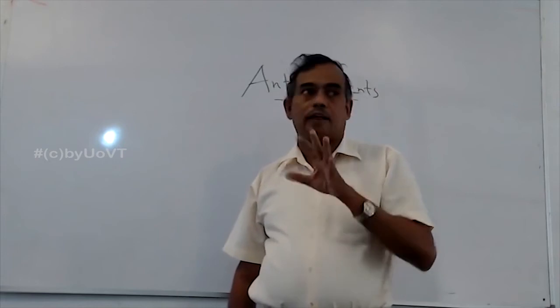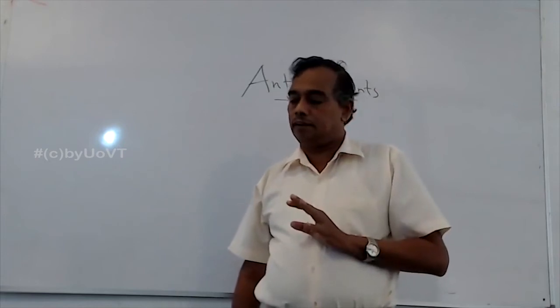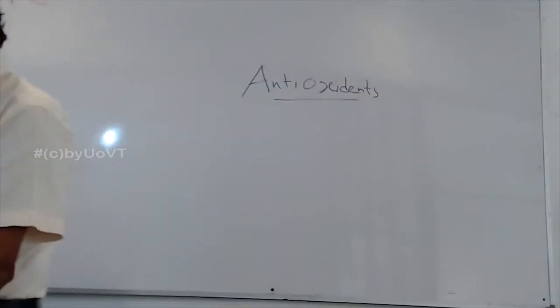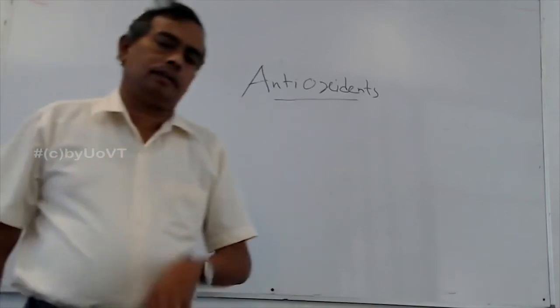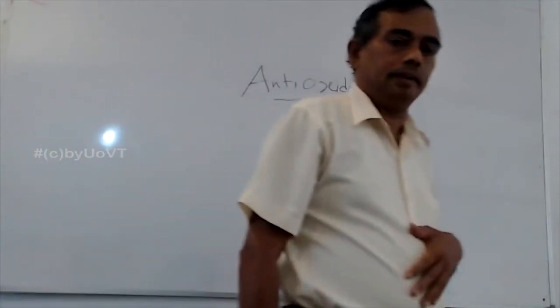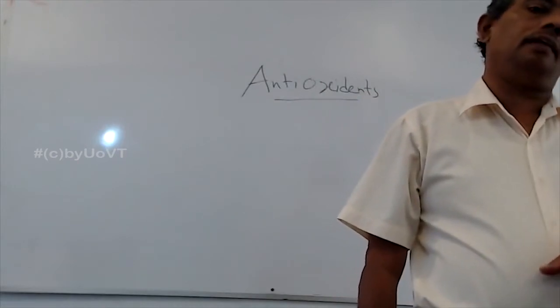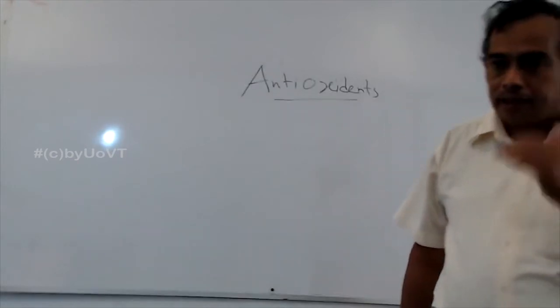So there are certain antioxidants, but some are not real antioxidants. Therefore, we can identify three categories. Some are not antioxidants, but will help to retard the rate of reaction.